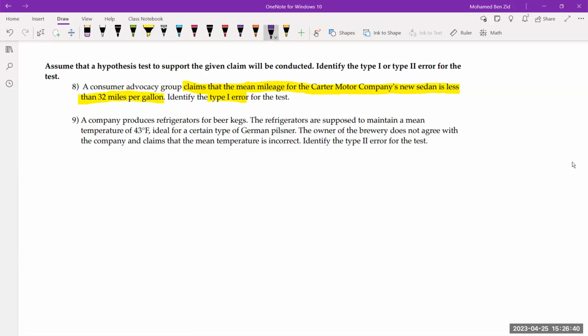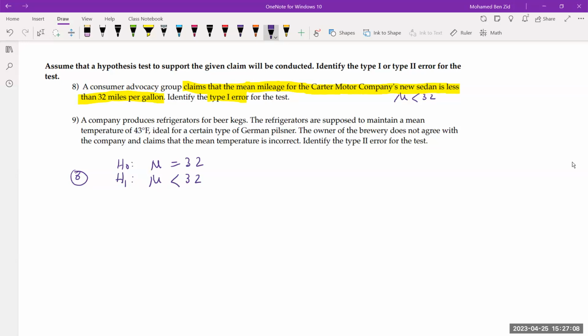So I'm going to write that the mean is less than 32. Because there is no equal sign there, this will be H1, the mean less than 32. Therefore, H0 would be the mean equals 32. I hope this is clear.